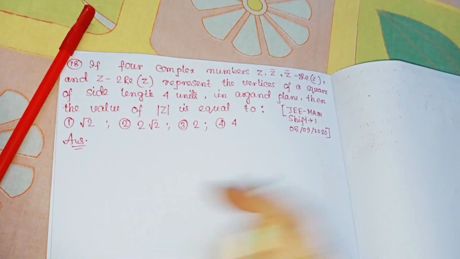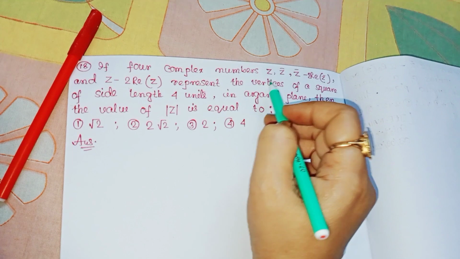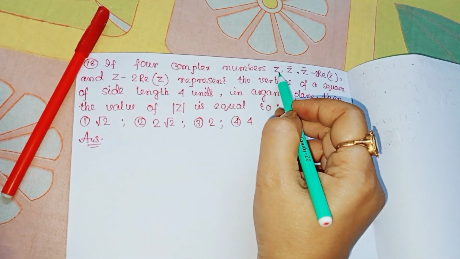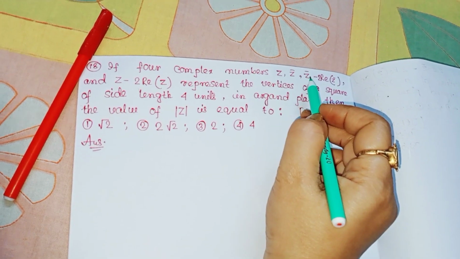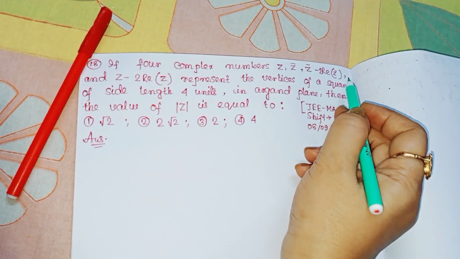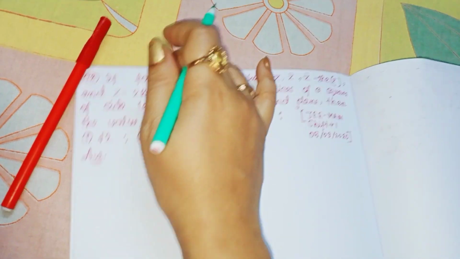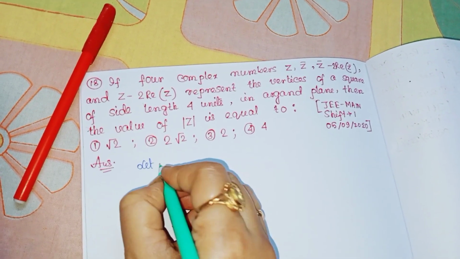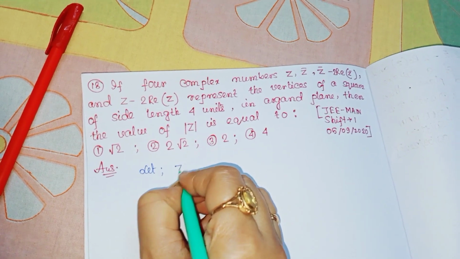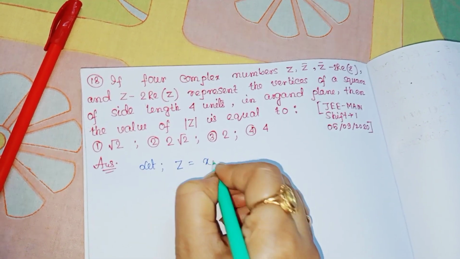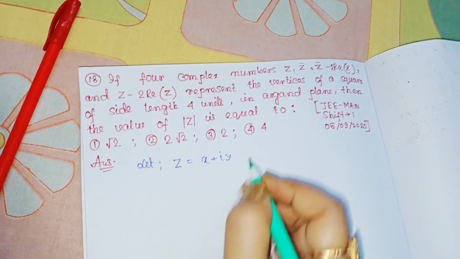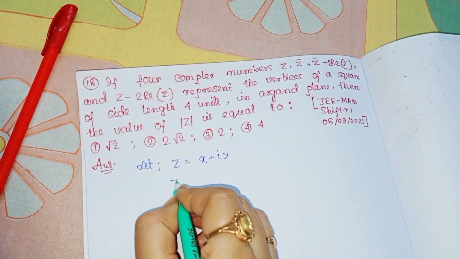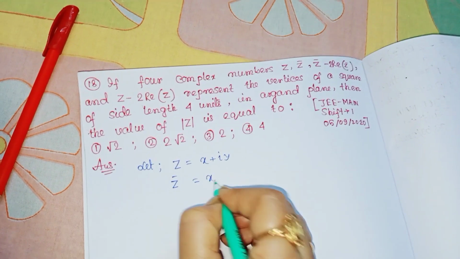At first, four vertices of a square are given here, that is z, z bar, z bar minus 2 real z bar, and z minus 2 real z. Let us say z is equal to x plus iy. So we easily say z bar is equal to x minus iy.